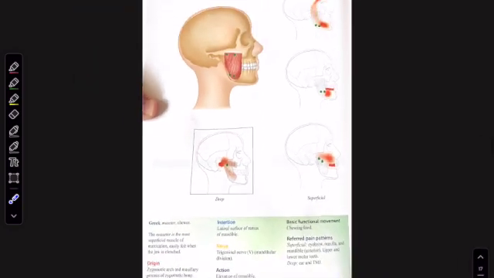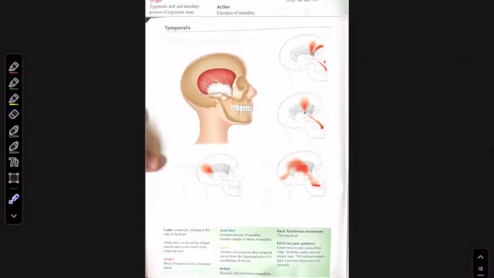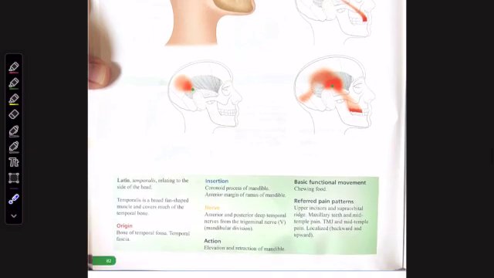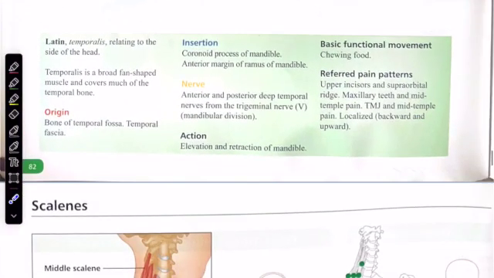So that's your masseter. Your temporalis muscle, these are radiating pain right here. Then the origin, insertion, the nerve, the action, mostly used for chewing food.